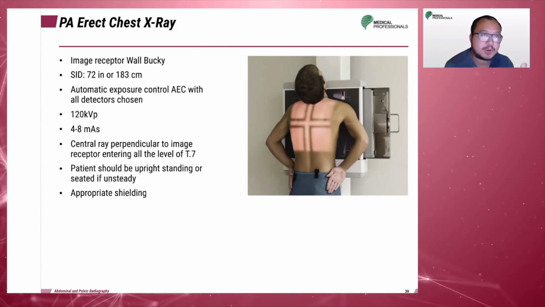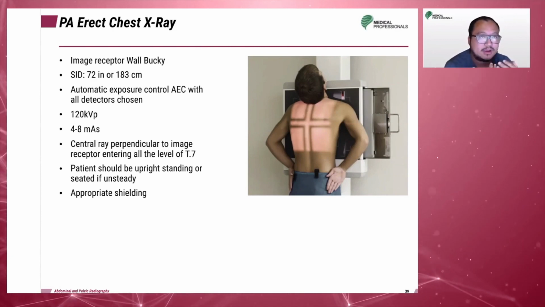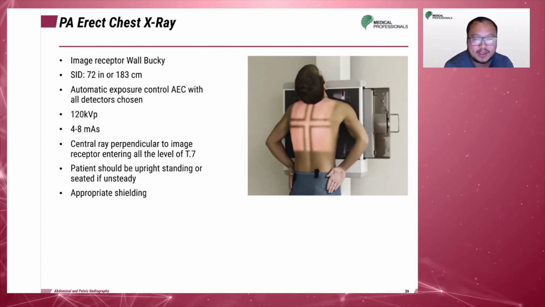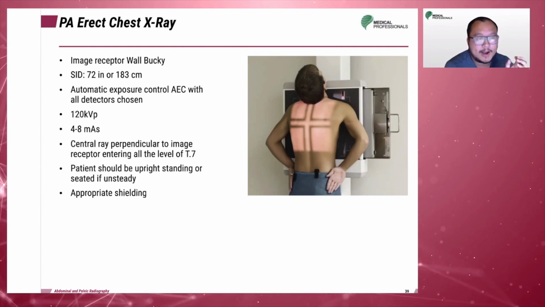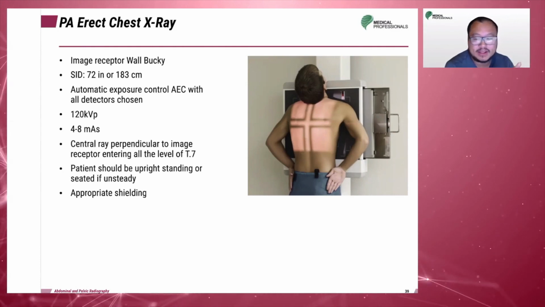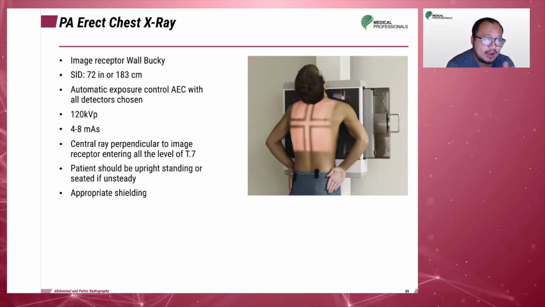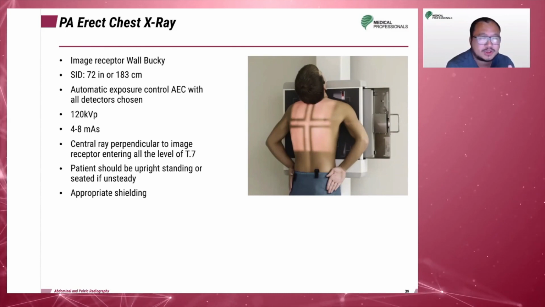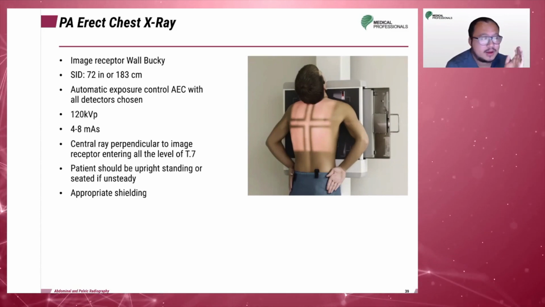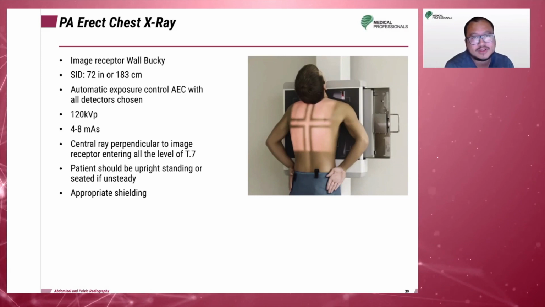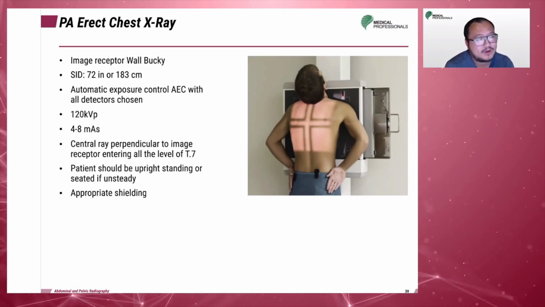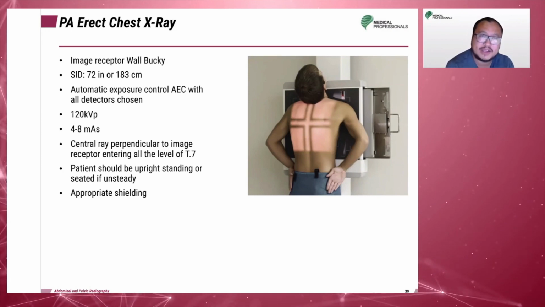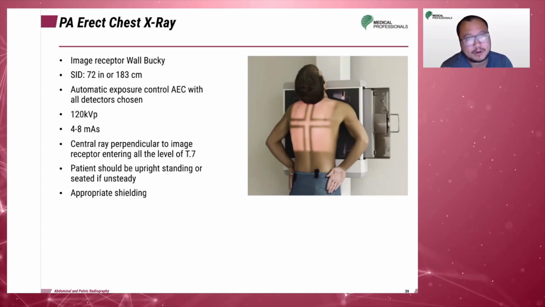If we position properly, utilizing automatic exposure control, we give the least amount of dose to our patient that they need to get for that procedure. If you aren't using automatic exposure control, the technique can vary. 120 kVp is usually our standard here for kVp. It can vary anywhere from 4 to 8 mAs for the average patient, more so if you have a hypersthenic patient, okay?